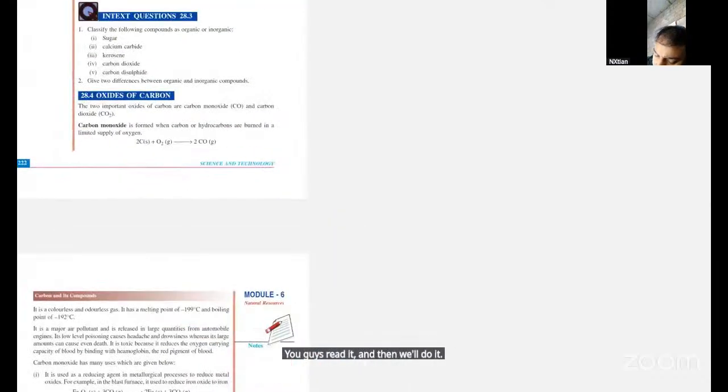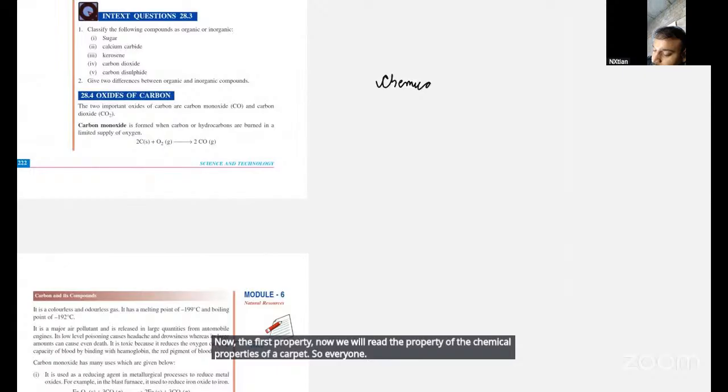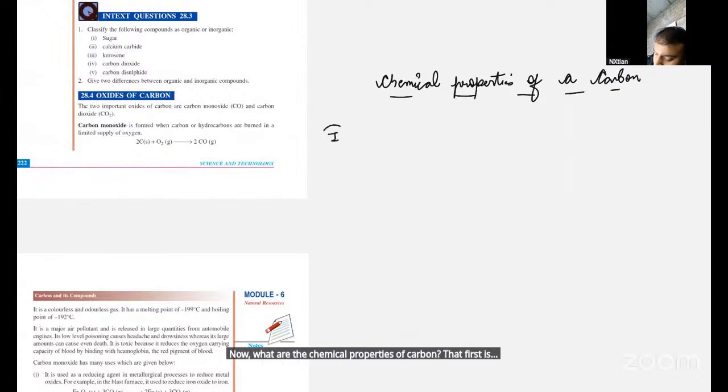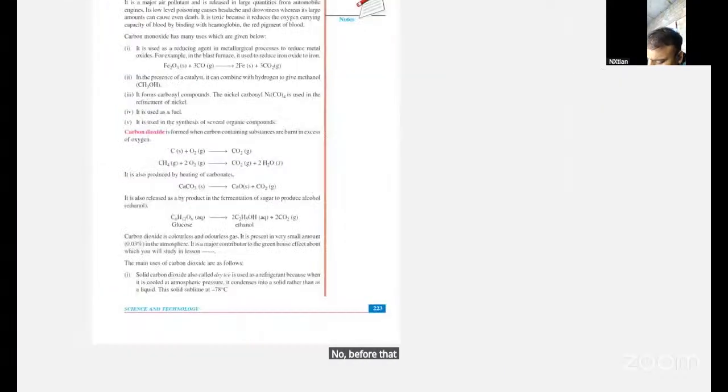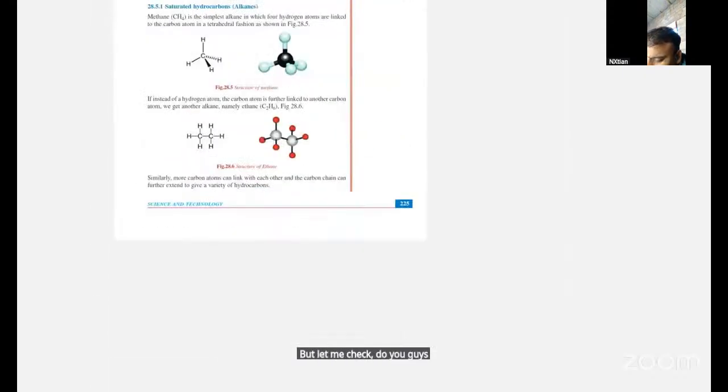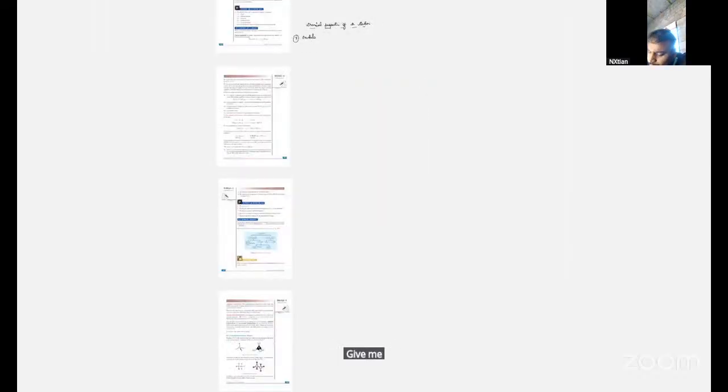Now we will read the chemical properties of carbon. Everyone, fold your hands and listen to me. The first is oxidation. No, before that, I guess we have to start the IUPAC naming. Let me check whether you have IUPAC naming or not. Yes, naming is there.